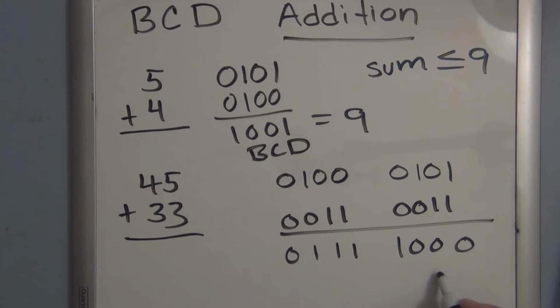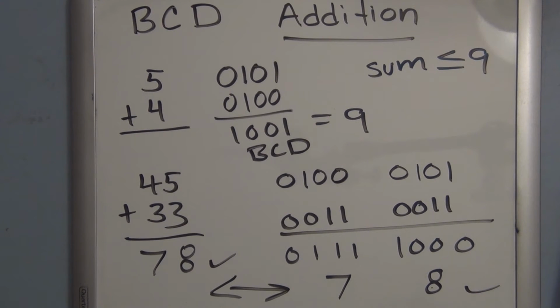So here we have 8 and here we have 7. Those check out. You can see we didn't run into any problems because the result in either of these positions was less than or equal to 9.